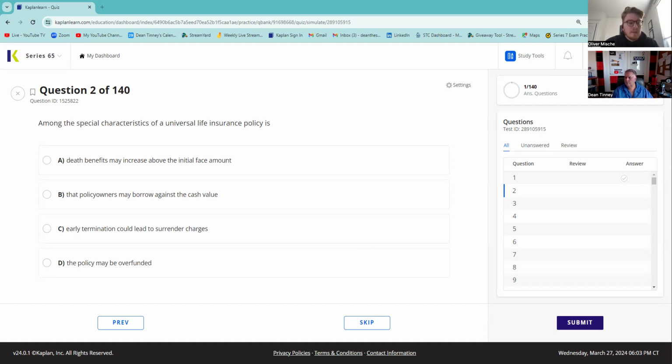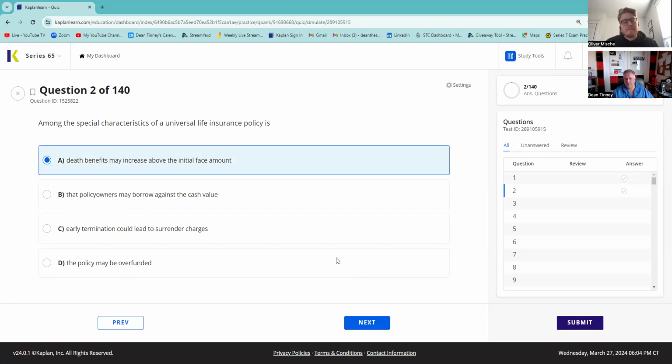It doesn't have a cash value, so it's not B. This one's increase... It's A. Death benefits may increase above the initial face value. You missed that one. It says the special characteristics, right? The special characteristic is the policy may be overfunded because of that separate account. Not a bad miss. You're going to get maybe one universal life insurance question. I wouldn't worry about it.